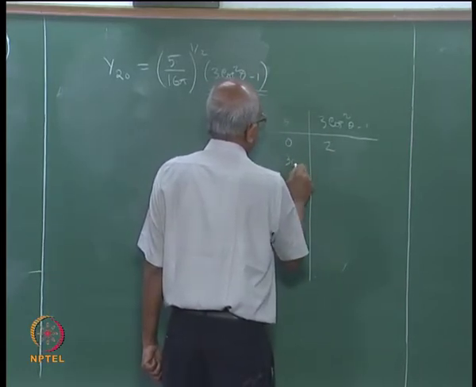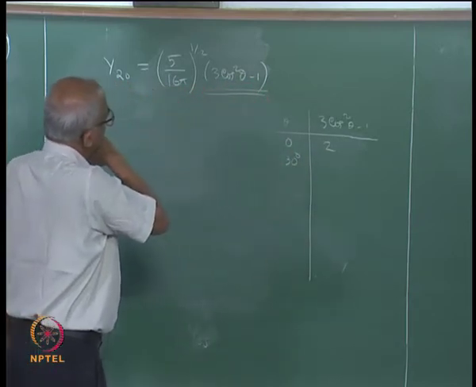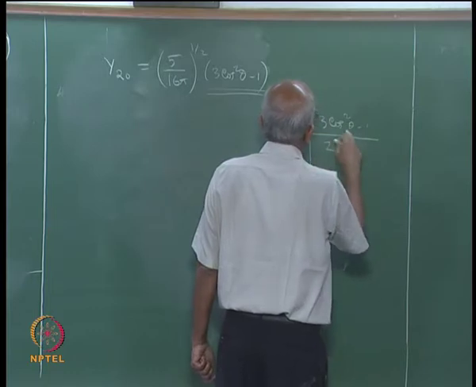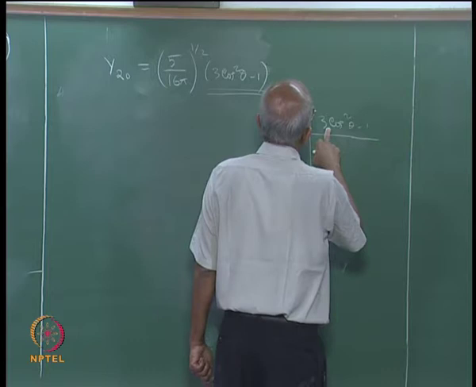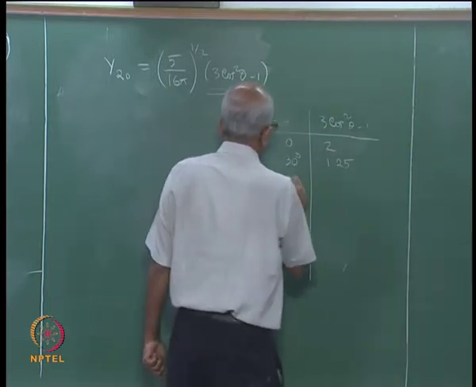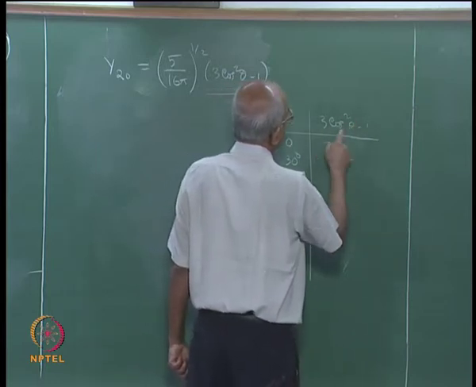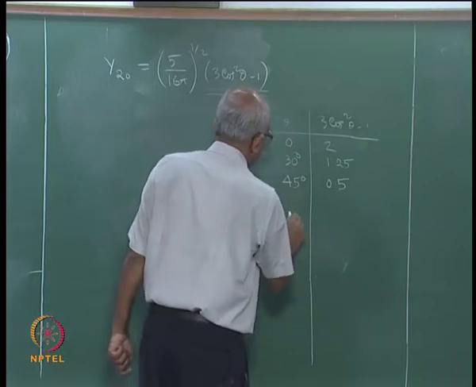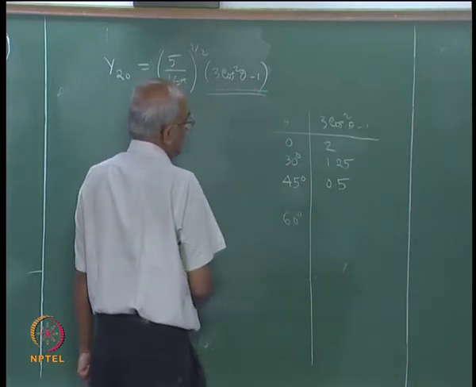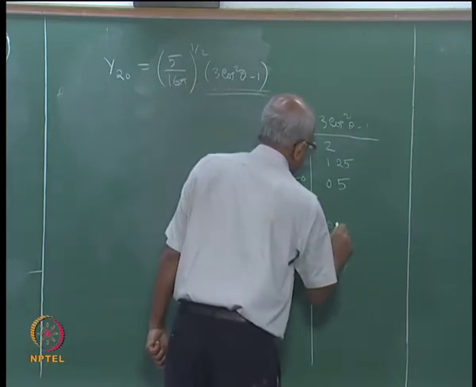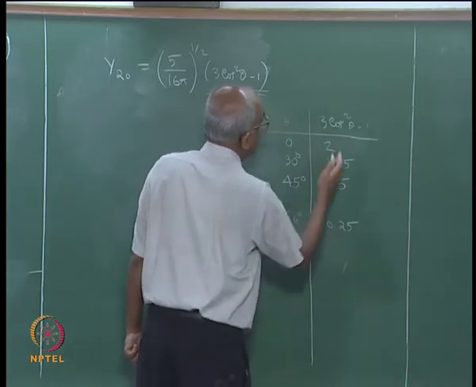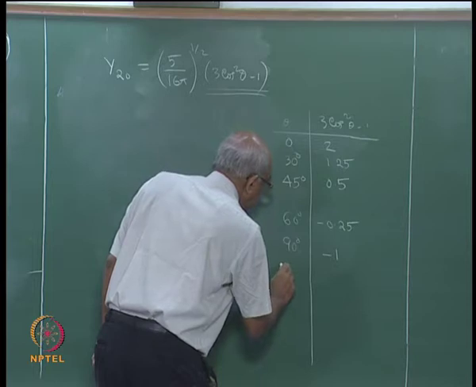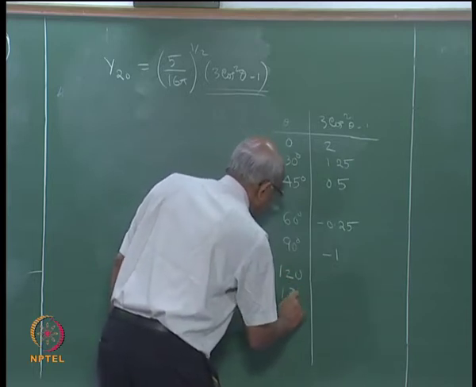If I put 30 degrees, you will get the answer 1.25. 45 degrees, the answer will turn out to be 0.5. 60 degrees, it is minus 0.25. 90 degrees, minus 1, then 120, 135.